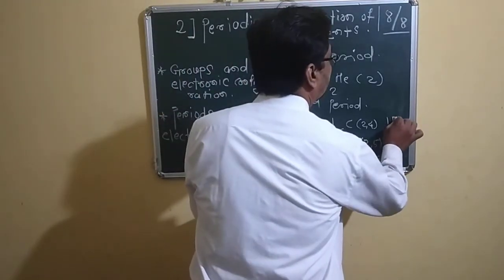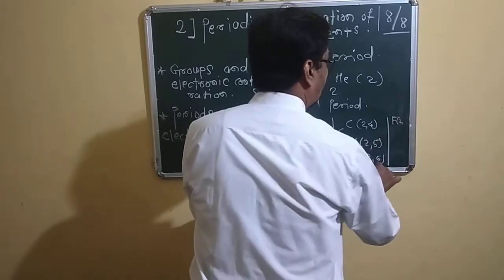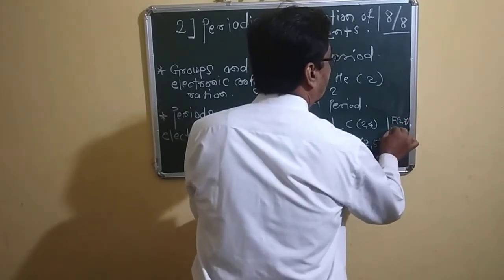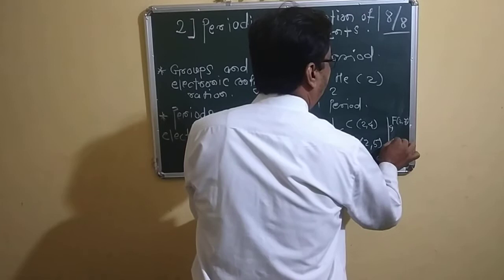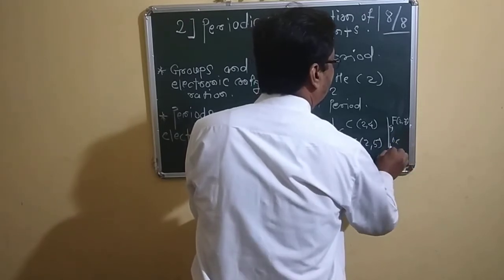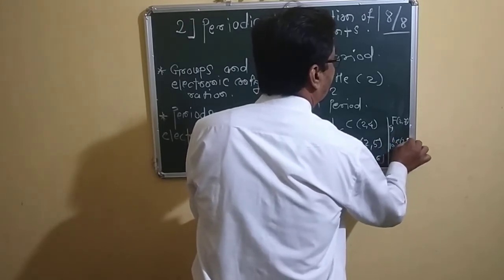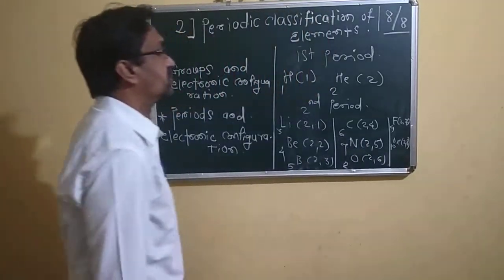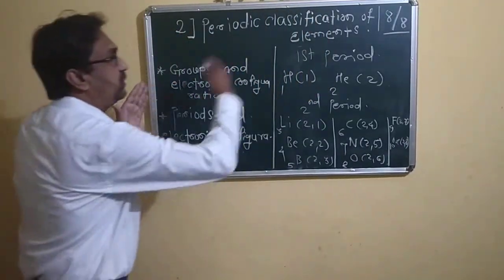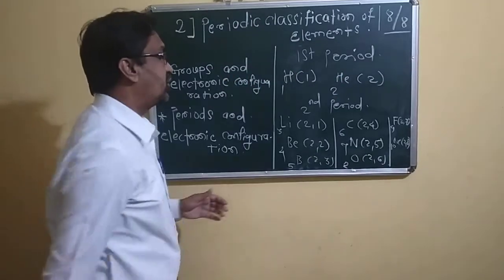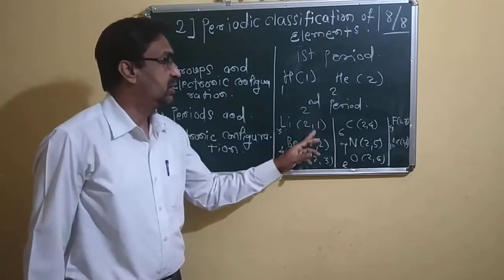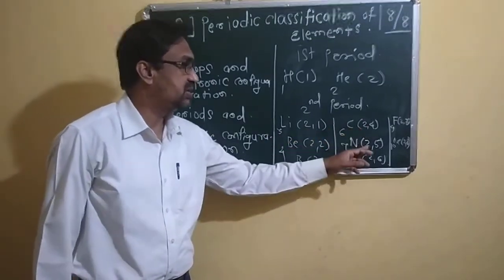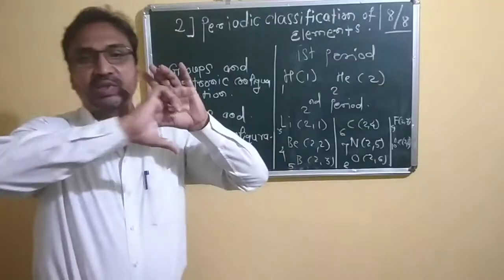Fluorine, atomic number is 9, that is 2,7, and neon, atomic number 10, that is 2,8. Okay, from left to right, atomic number goes 3, 4, 5, 6, 7, 8, 9, 10.